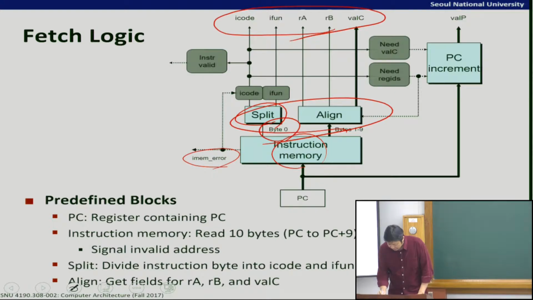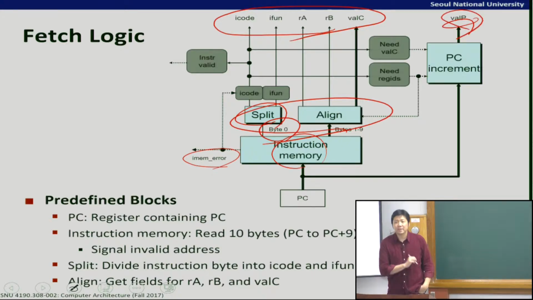And what this PC increment does is compute the next PC address, which is the sum of the current PC and the length of the current instruction. If it's a move instruction, then valP will be PC plus 2.